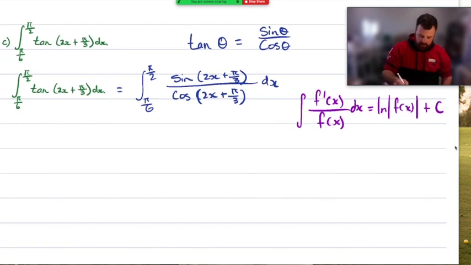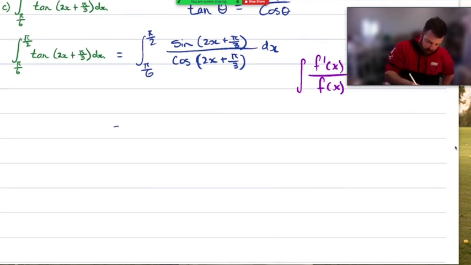Well, if we have a look at this, I've got cosine in the denominator. The derivative of cosine is negative sine. I've almost got negative sine up there. So we know our trick. We can force it to look like that.